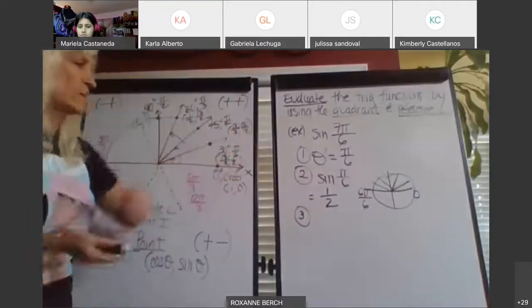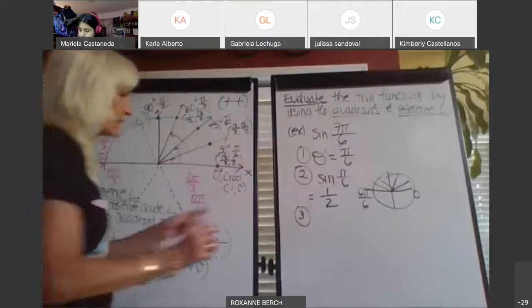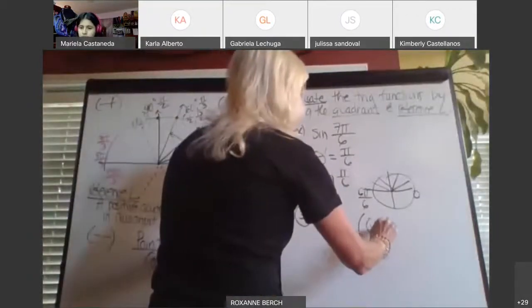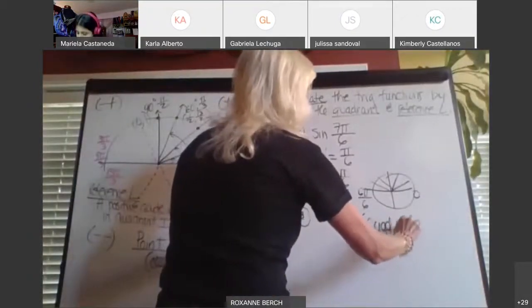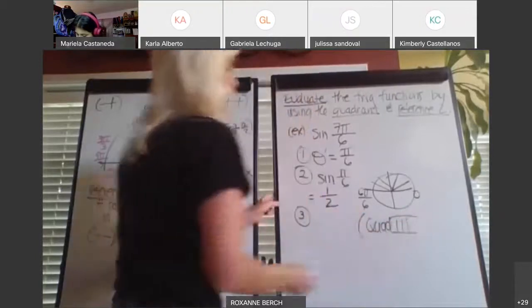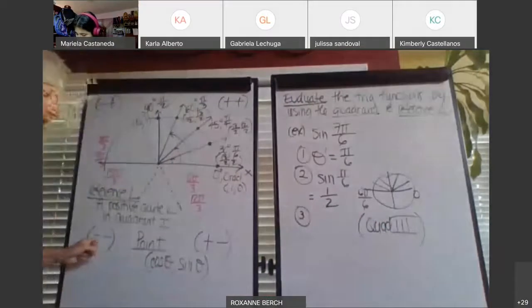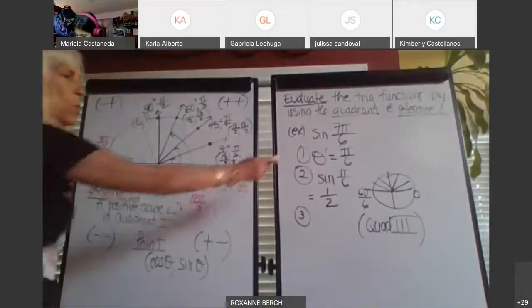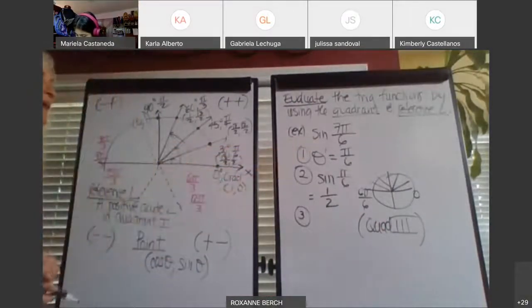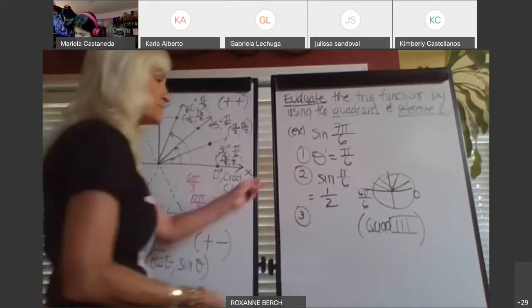So where is 7 pi over 6? It would be in quadrant 3. And the signs of quadrant 3 are negative. So what is sine, which is the y value? What is the y value in quadrant 3?